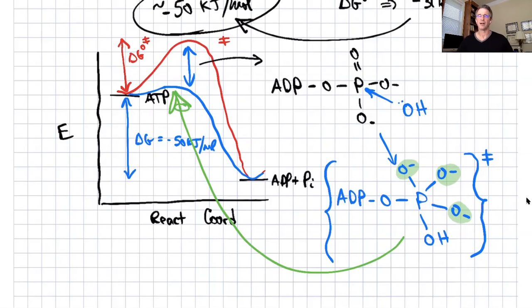It involves, in many cases, some really important electrostatic catalysis, often involving metals like magnesium and potassium that help screen some of this charge. If we understand how these enzymes work, we can understand how they get access to that free energy and get the unfavorable reactions we need to run to go, right? Okay.